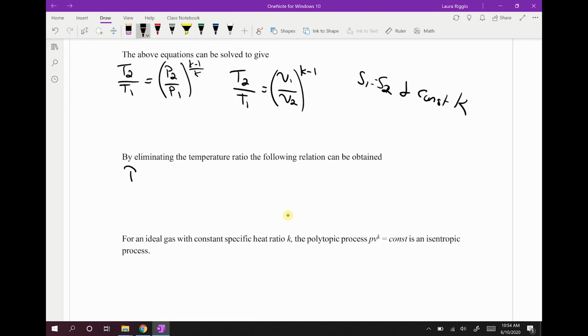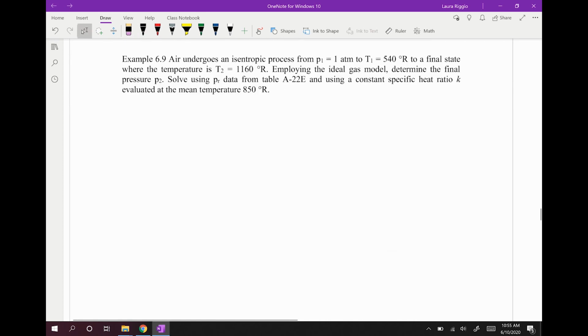We can eliminate temperature from these relationships to get P2 over P1 is equal to v1 over v2 to the k. For an ideal gas with constant specific heat ratio, a polytropic process, that is Pv to the k, is an isentropic process.